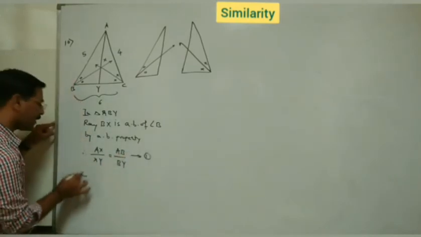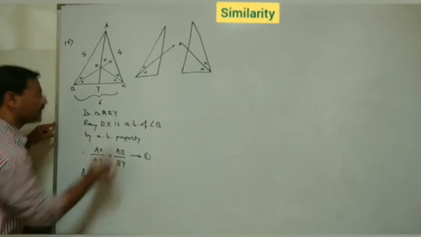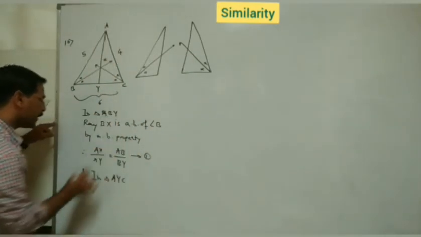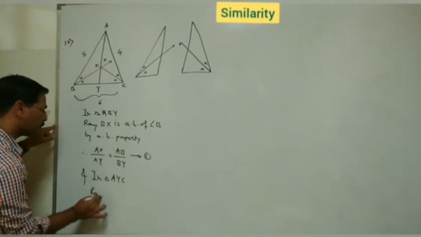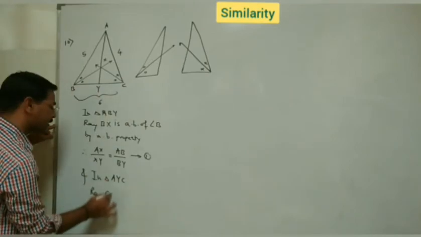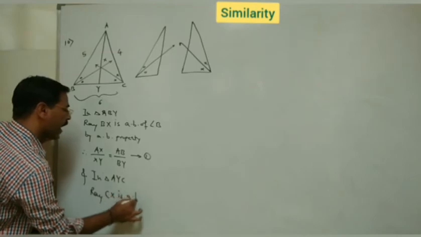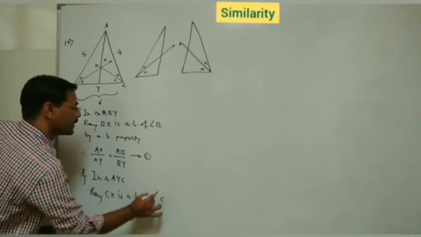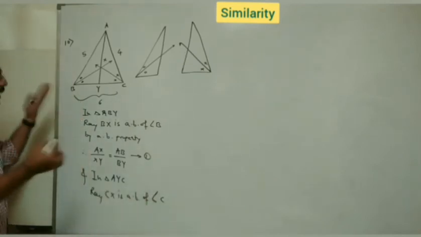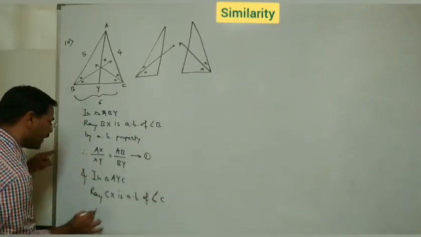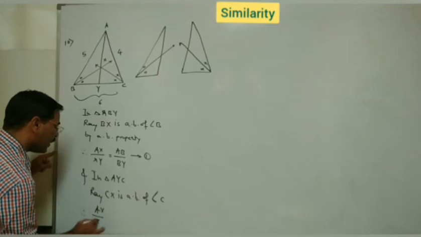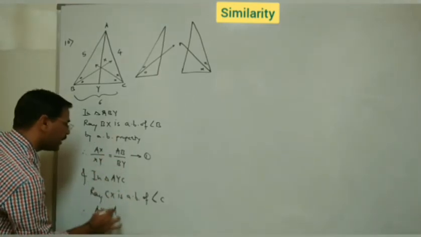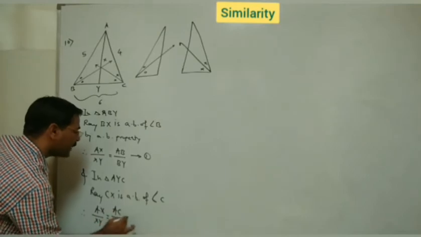Similarly, in the other triangle AYC, ray CX is the angle bisector of angle C. Now here also apply: AX upon XY is equal to AC upon YC.